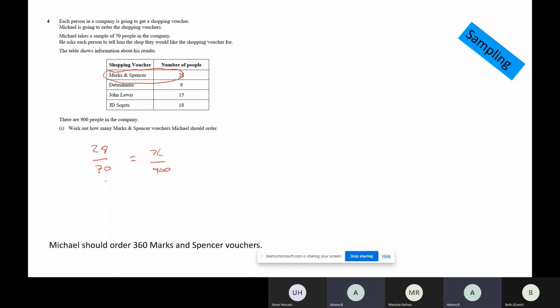We've got the same thing. 14 goes into 28 twice. 2/5 is x over 900. 2 times 900 is equal to 5x. Divide by 5, divide by 5, x is equal to 360. I've cheated there and looked at my answer. I didn't do that very quickly in my head, but I suppose it lends itself well to non-calculator work.